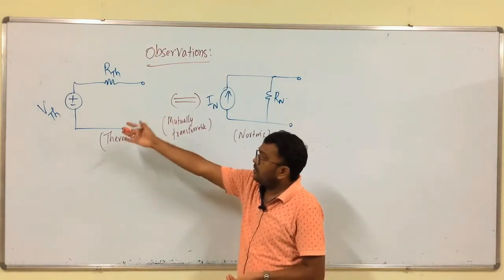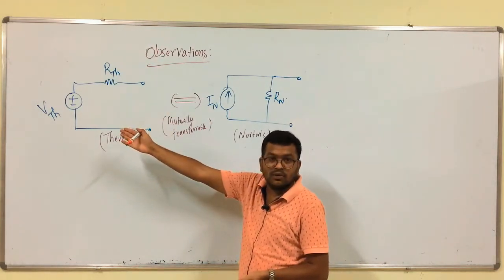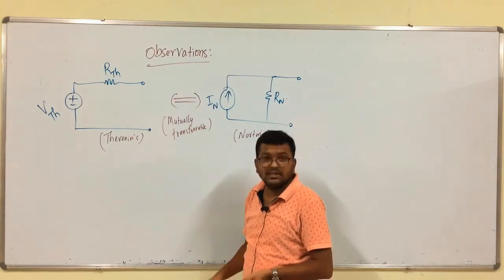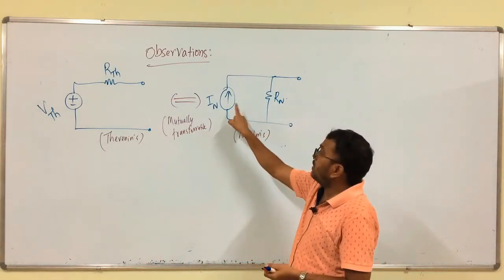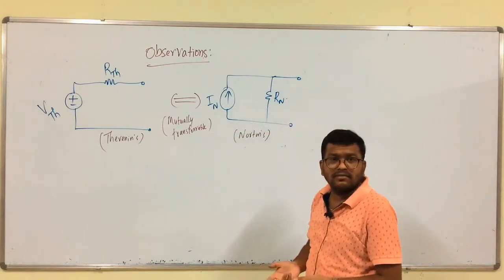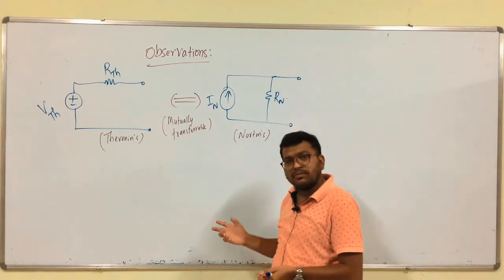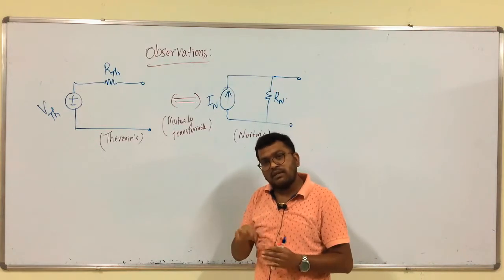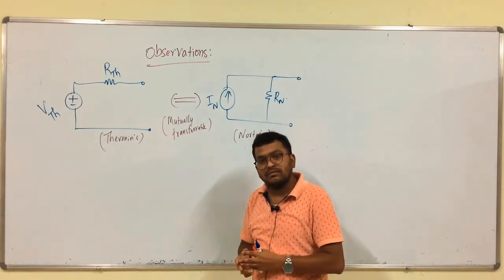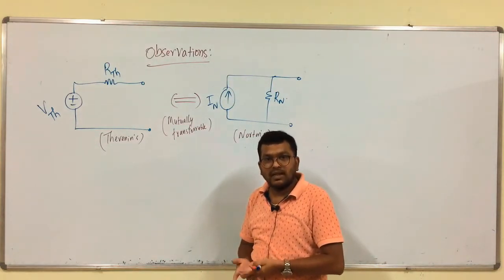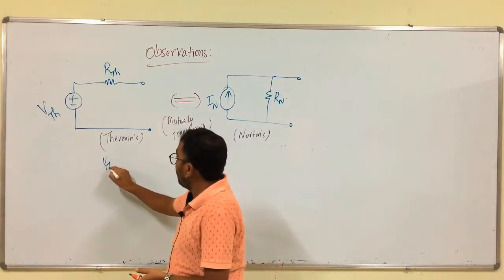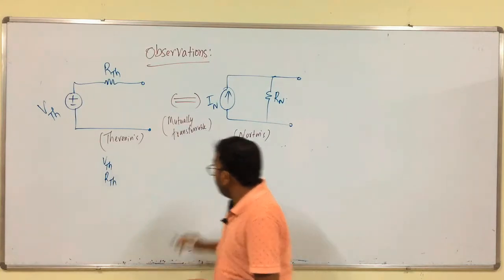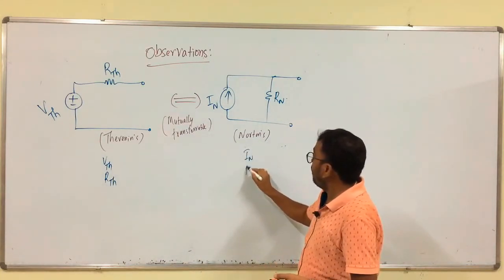So, a series connected voltage source with a resistance is converted to a parallel connected IN and RN. In the source transformation principle, the voltage source can be converted to a current source like this, no. So, from this we have VTH and RTH, here we have IN and RN.